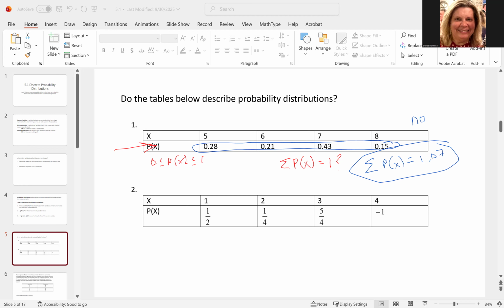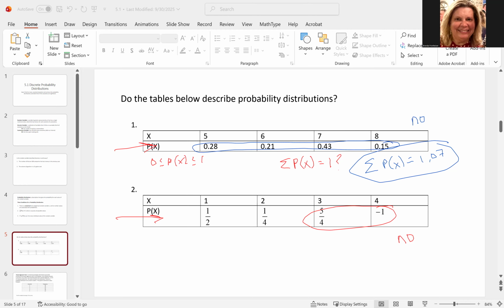Again, first step would be to check all of those probabilities, make sure they're between 0 and 1. Well, wait a minute, I've got two problems right here. I've got a probability for the 3 that's over 1, and I've got a probability of 4 that's negative. So this is again not a probability distribution.